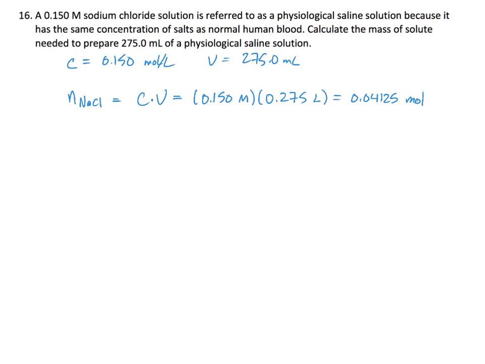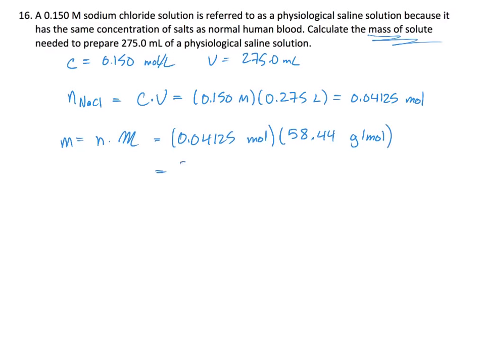We want to figure out what that is in mass, because it says the mass of solute needed to prepare. So mass is equal just to moles times molar mass, 0.04125 moles times the molar mass for sodium chloride, which is 58.44, and that equals 2.411 grams.